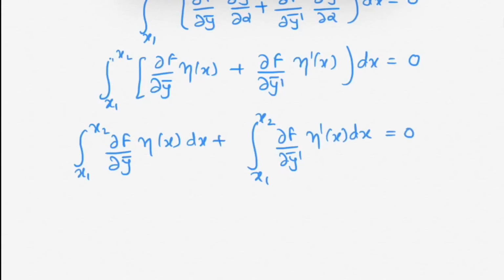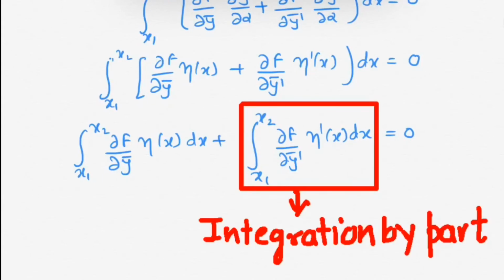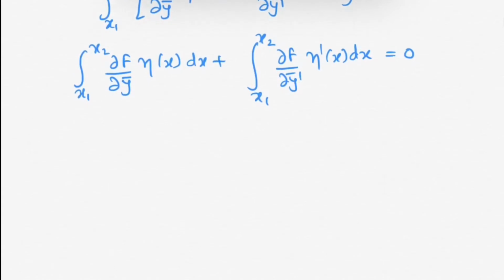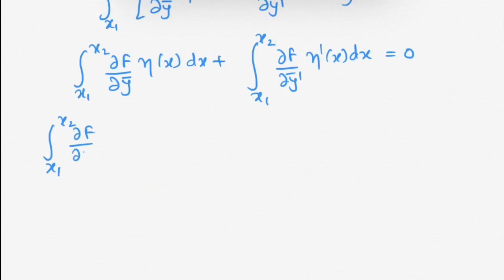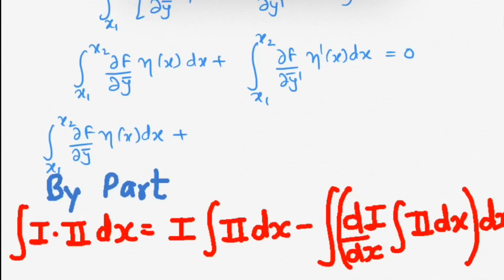Now let's integrate the second integral using integration by parts. Writing the first integral as it is, we have integration x1 to x2 del f over del y bar eta x dx plus, for the second integral using by parts, the first function into the integration of the second function.